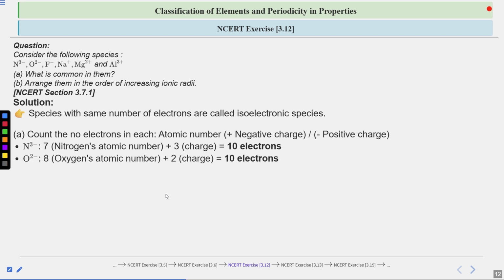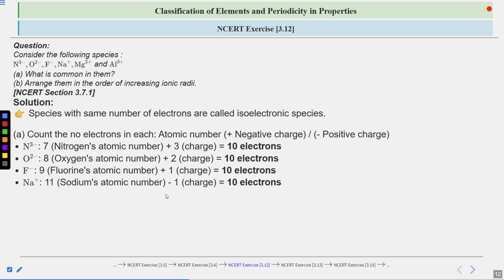Similarly for oxygen, 2 negative charge is there. Atomic number is 8. Since the charge is negative, we will add 2 electrons. What about fluorine? F minus, again the charge is negative and the atomic number is 9, so 9 plus 1 gives you 10 electrons. Now moving on to the next cationic species, which is sodium plus.